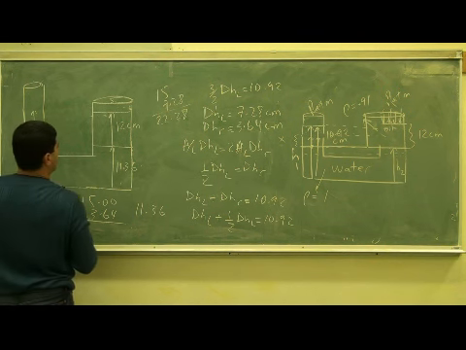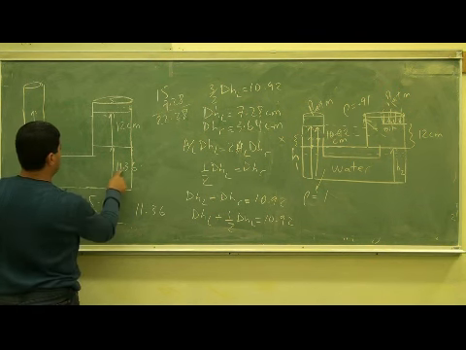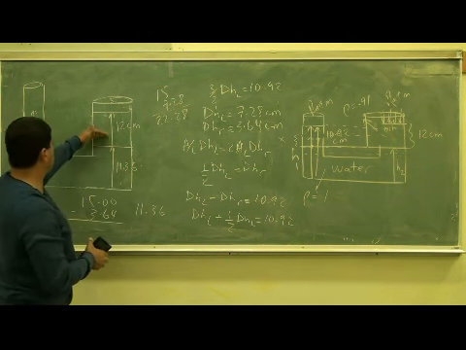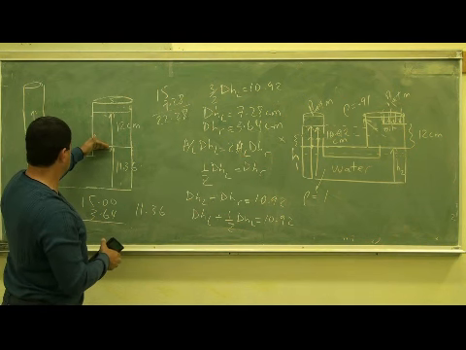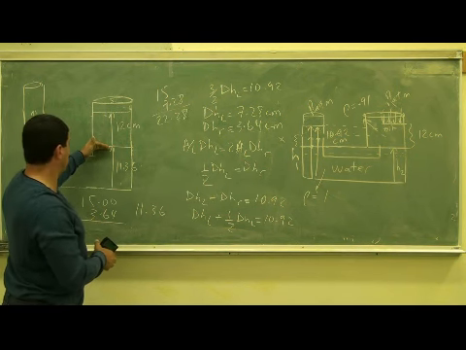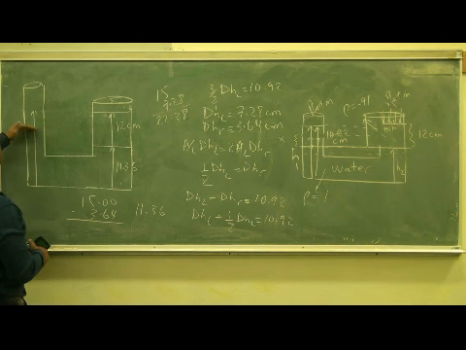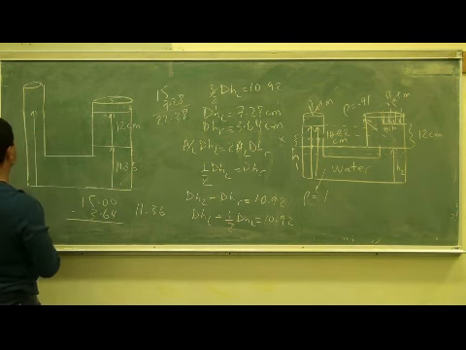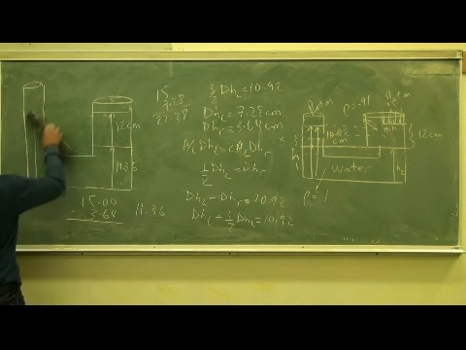So this one is 11.36. So it went from 15 to 11. It wasn't affected a lot. And then here it went from 15 to 22. So what does that look like?